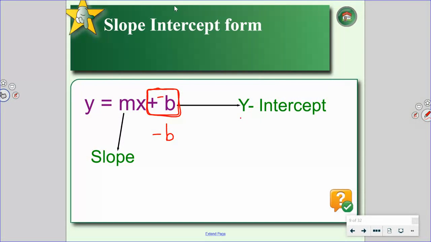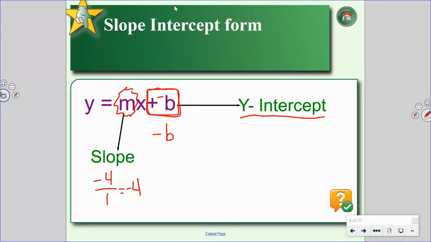It doesn't matter how you say it. The y-intercept is the constant term at the end of a slope-intercept equation. And the slope is the coefficient. For instance, if you went down $4 a day, you can write negative 4, and that is your slope.